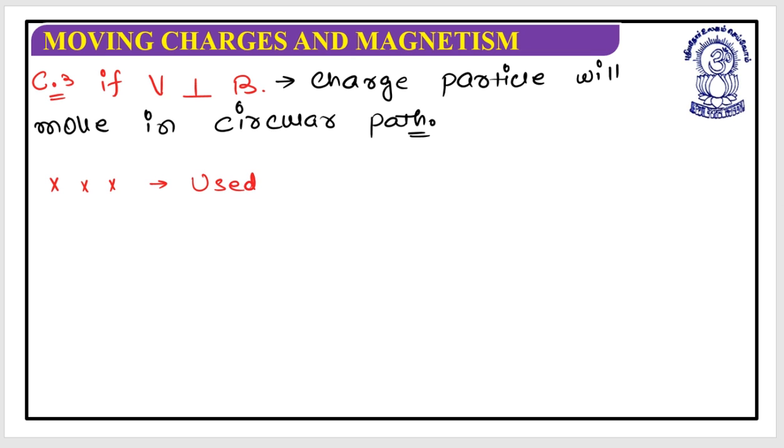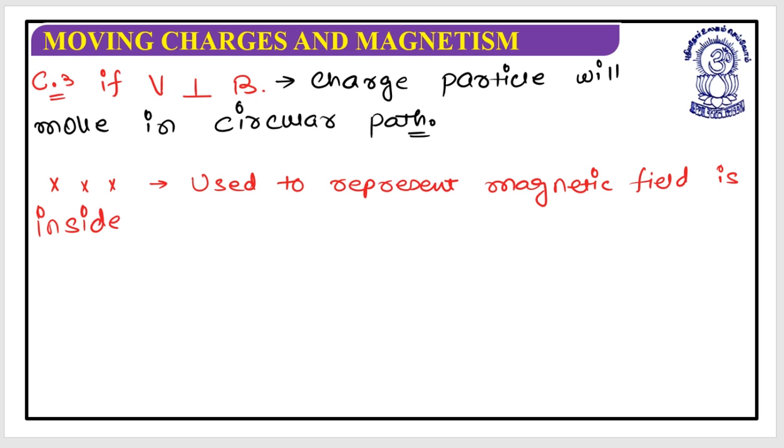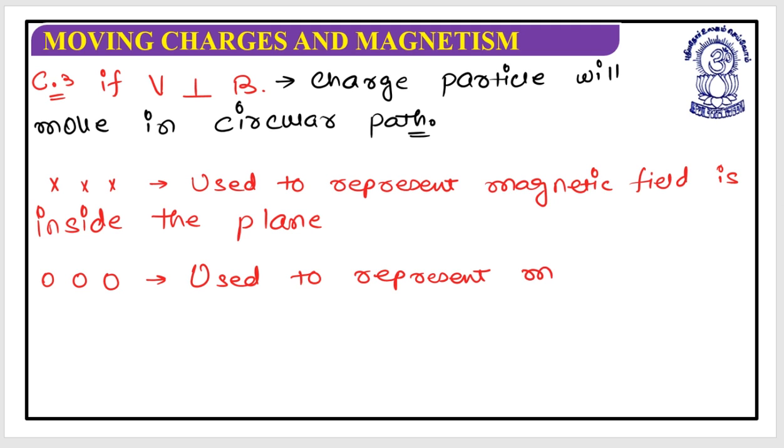This sign is used to represent that the magnetic field is inside the plane, and this dot sign is used to represent that the magnetic field is outside the plane. Yes, these two notations are used.